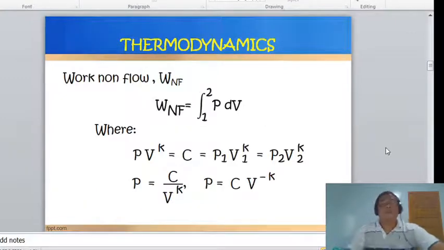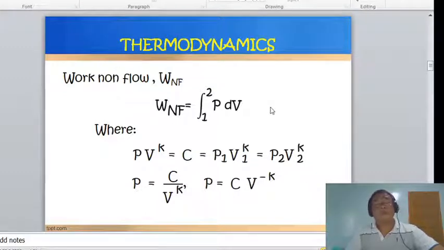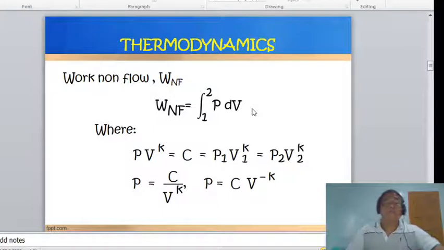For the non-flow process, we know already the basic definition of the work non-flow. That is always equal to the integral of the pressure multiplied by the differential volume. From the equation again, PV raised to k is equal to constant, or P1 V1 raised to k is equal to P2 V2 raised to k.